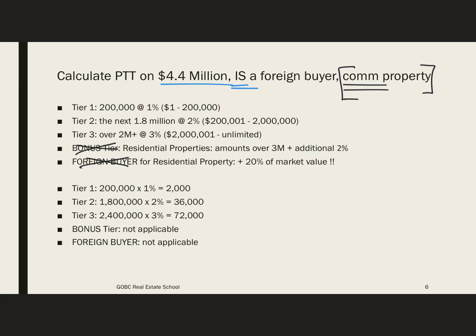So the fact that they're a foreign buyer doesn't really make a difference for this calculation because only the first three tiers apply to the purchase for that PTT amount. So it's a lot easier to calculate than it might look because we only do the first three tiers. So again, the first tier, that $200,000 at 1% for the $2,000.